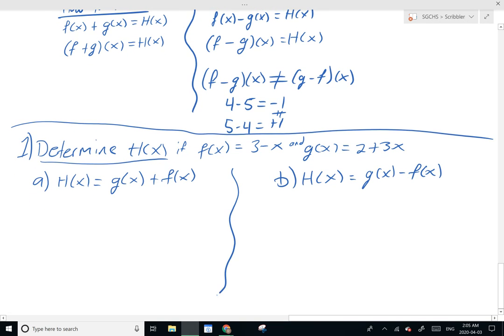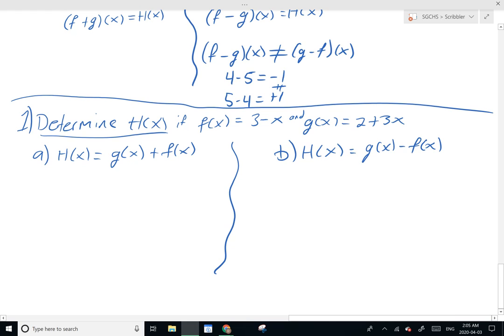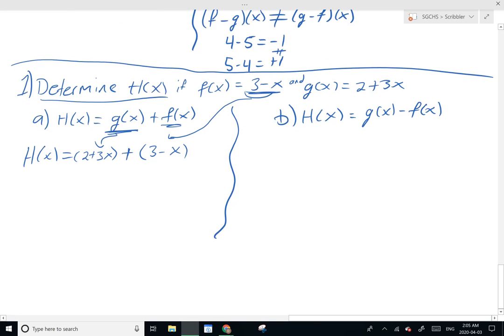Let's focus on a here. If we want to determine h of x, we need to take our function g of x and place it there. So g of x will be 2 plus 3x. And our function f of x, we're going to add; I'm going to put brackets around this and place it down here, 3 minus x. So we substitute f of x for its actual equation.